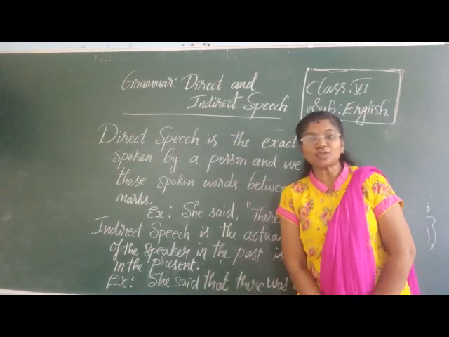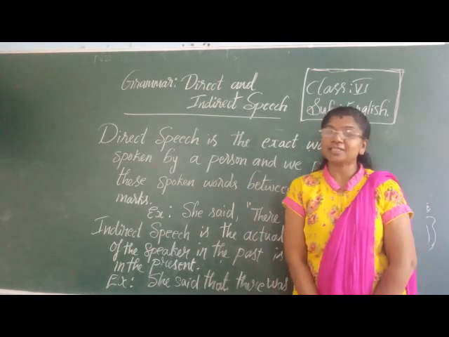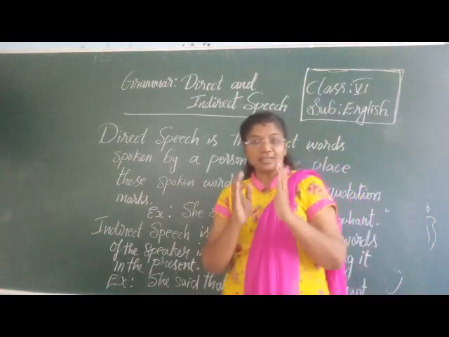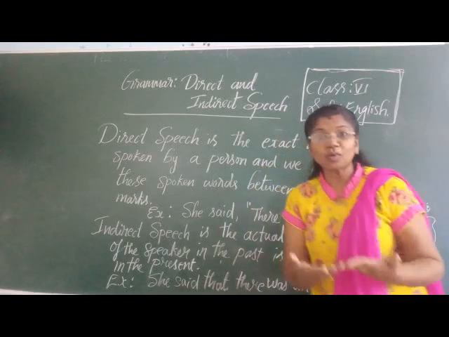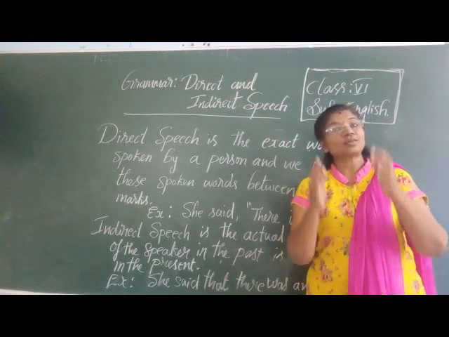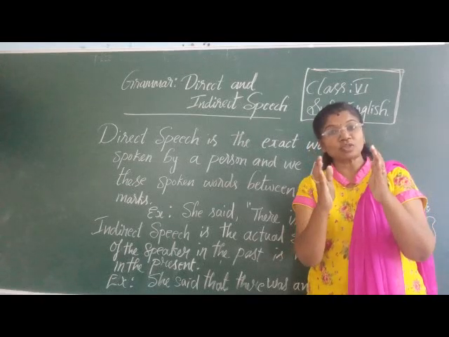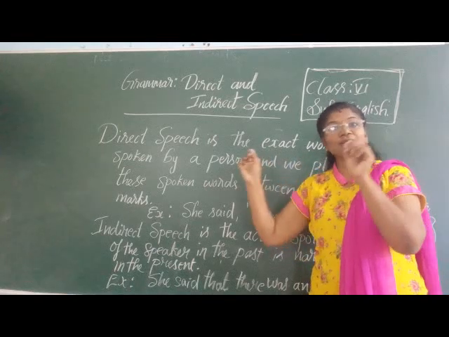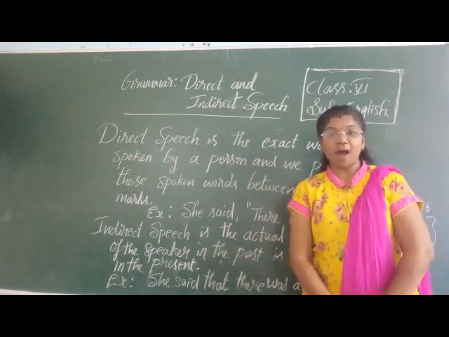Let us know at first what a direct speech is. A direct speech is the actual spoken words of a person, quoting those direct spoken words between the quotation marks.